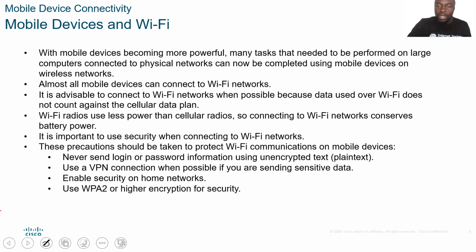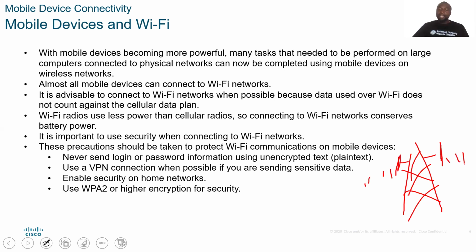If you go to that tower, you see them putting transmitters, and these transmitters broadcast. Then your phone will have a receiver. Your phone will now connect to this transmission. That is how it works.